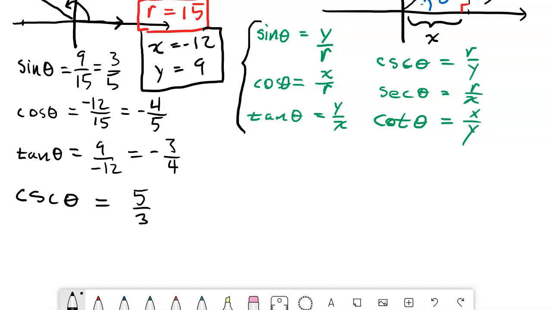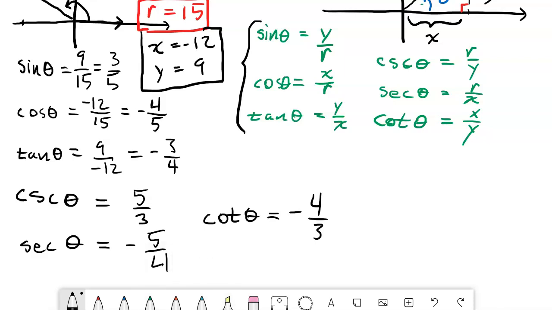I think I said secant, but I meant to say cosecant. Secant theta is the inverse of cosine, so that's -5 over 4. And cotangent theta is going to be the inverse of tangent, which is equal to -4 over 3. So this is how you find the six trig functions given a general point on the terminal side of an angle.